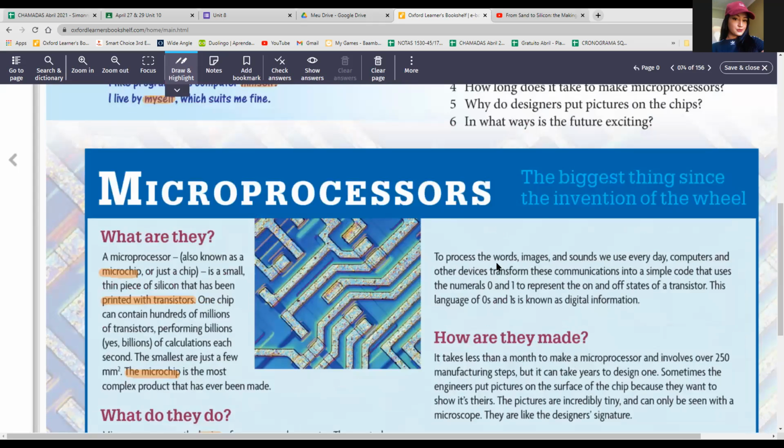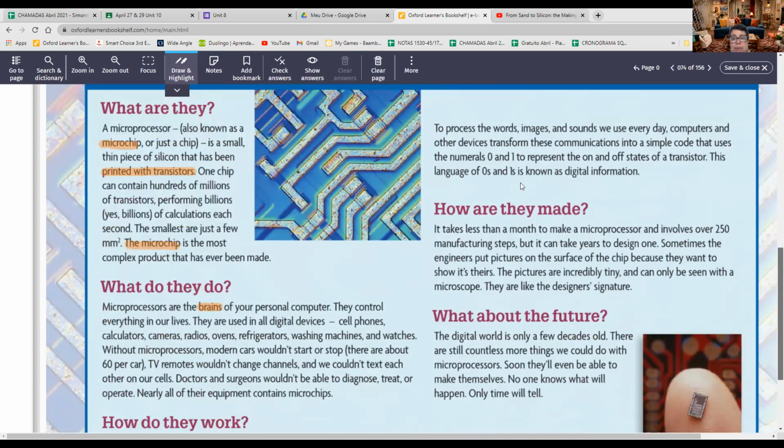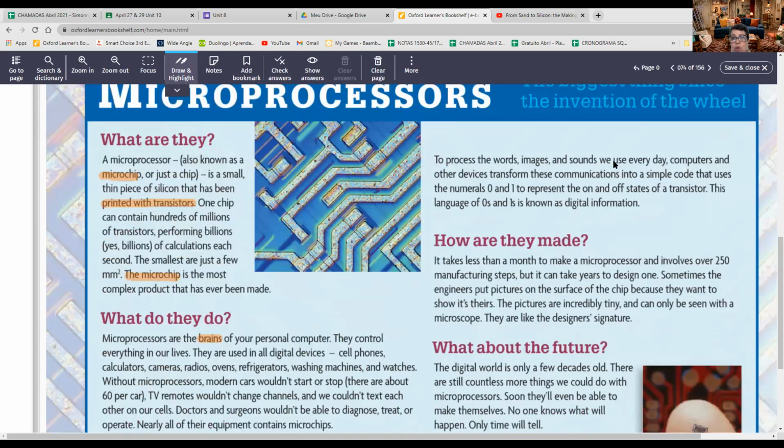To process the words, images, and sounds we use every day, computers and other devices transform these communications into a simple code that uses the numerals 0 and 1 to represent the on and off states of a transistor.